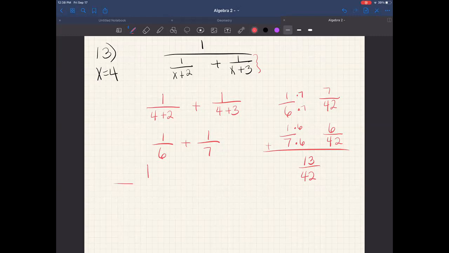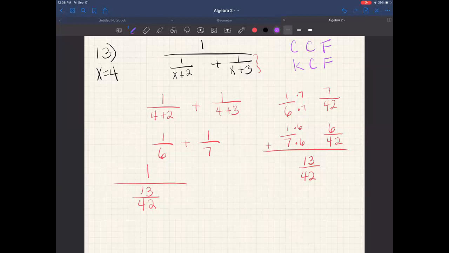So I have 1 over 13 over 42. Okay. Now I have to divide my fractions. So dividing fractions, the way I learned it was called copy, change, flip. But I think you guys might know it as keep, change, flip. Yes, one of those should sound familiar.